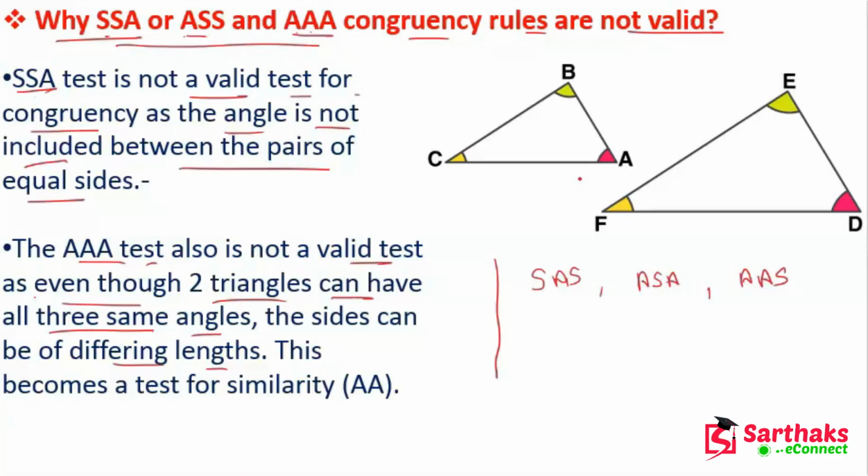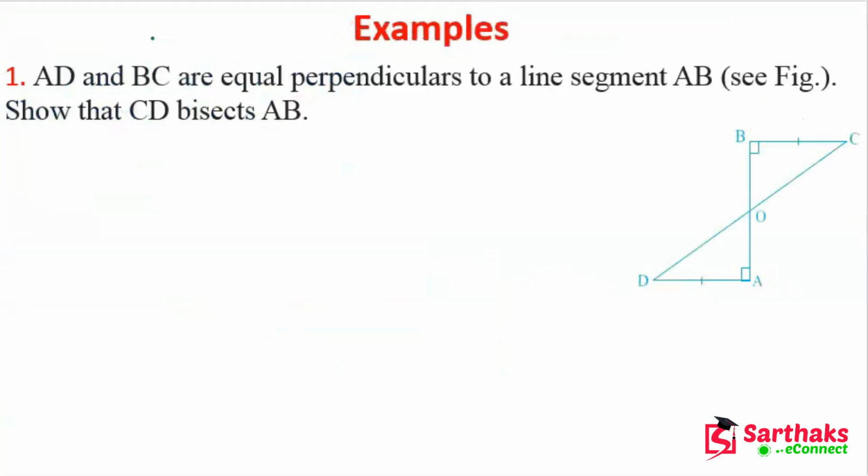So this becomes a test for similarity, the AA rule. You will study about similarity in the next classes. So I hope you understand why SSA or ASS and AAA congruency rules are not valid.